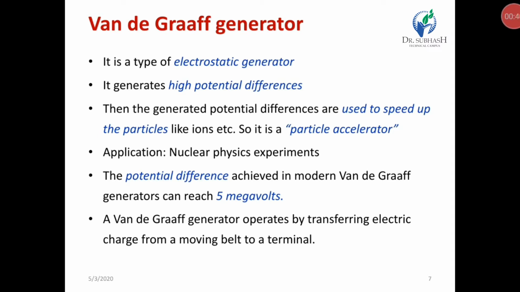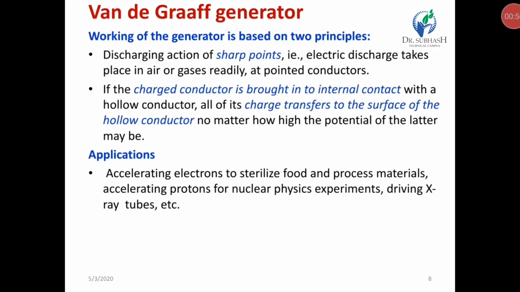A Van de Graaff generator operates by transferring electric charge from a moving belt to a terminal. We will see later how we can transfer the electric charge. The working of the generator is based on two principles. First, the discharging action of sharp points: electric discharge takes place in air or gases readily at point conductors.